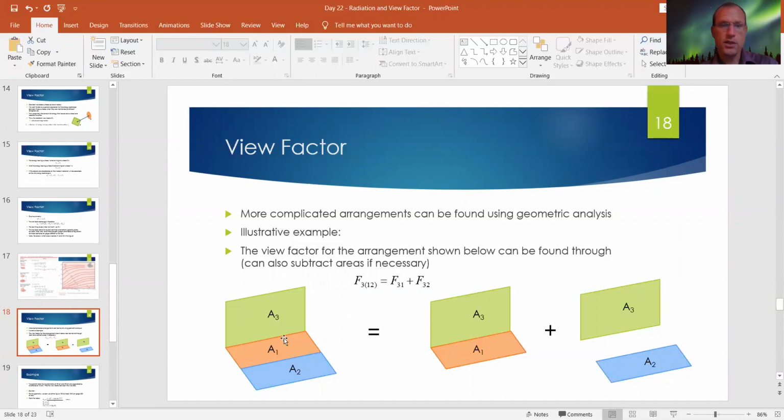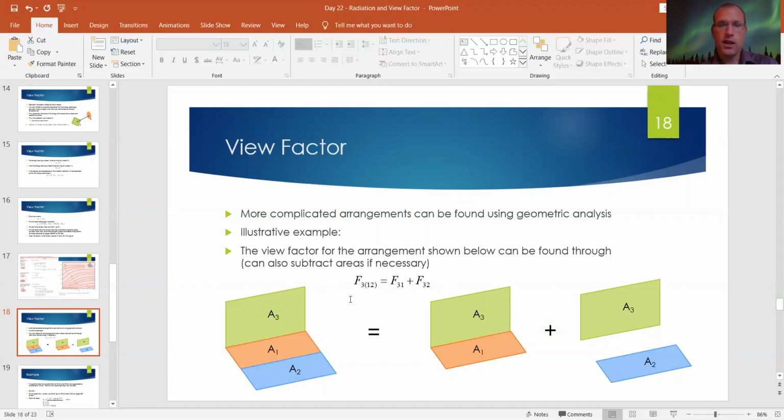I can break that down into a view factor for A3 and A1, as well as a view factor between A3 and A2. Now, this gives me the equation: F3,(1,2), where I call the combined second object (1,2), is equal to F3,1 plus F3,2. You can do that with pretty much any object. This is just an example of how to do it.